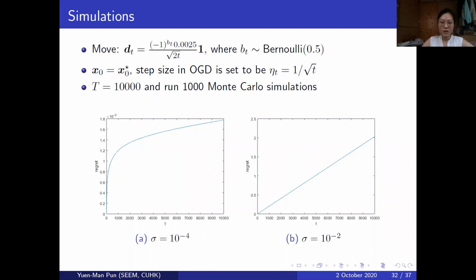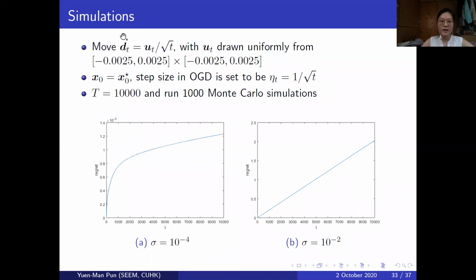Another example: now let's change the trajectory. We don't generate the trajectory by moving either forward or backward. We simply draw the move from a square using the following uniform distribution.